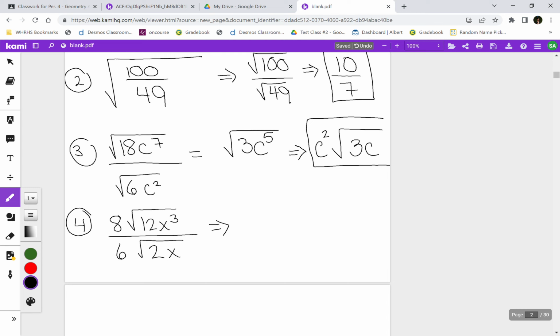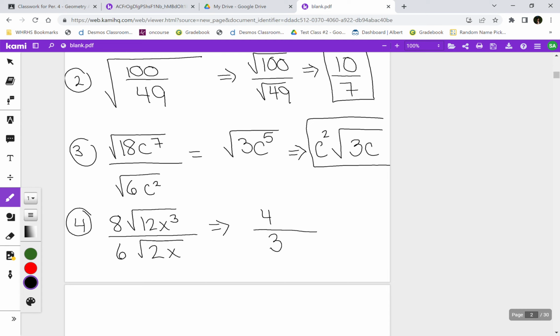So for number 4, are they still monomials here? Yeah, there's no plus or minus sign, so we're still good. I can simplify the coefficients and I can simplify the radicals. It's all good. The only time things change is when I add a plus or minus sign. Then it makes things a little complicated. But 8 over 6, can't that reduce to 4/3?